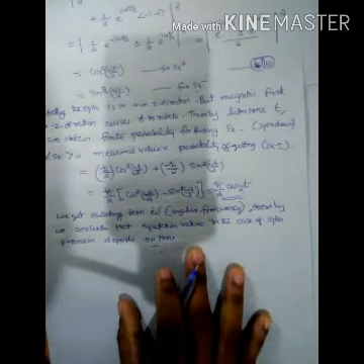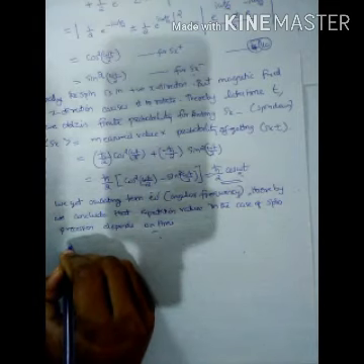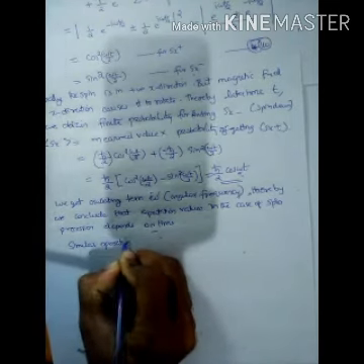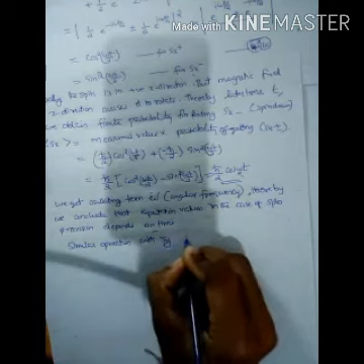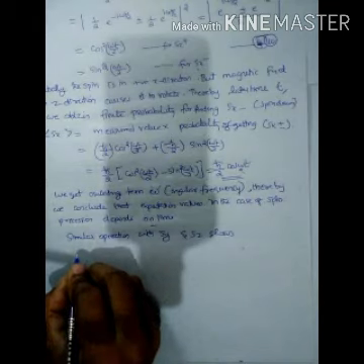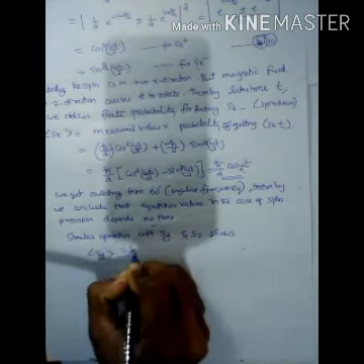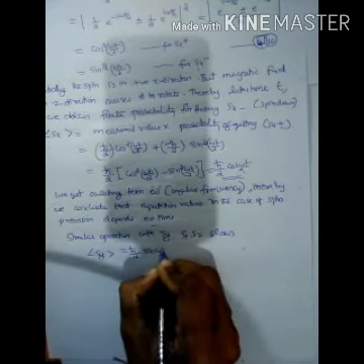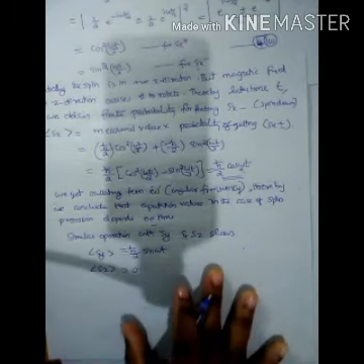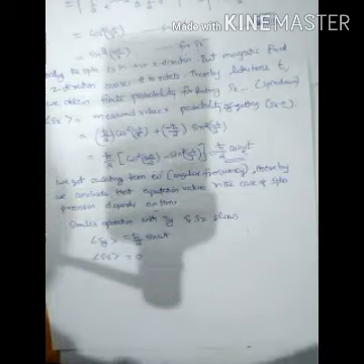This is all about the expectation value depending on time, and a similar operation with Sy and Sz shows that the expectation value of Sy becomes h cross by 2 sin omega t, and the expectation value of Sz becomes 0. Physically it means that the spin precesses in the xy plane.